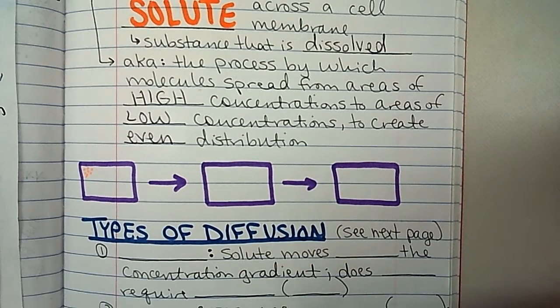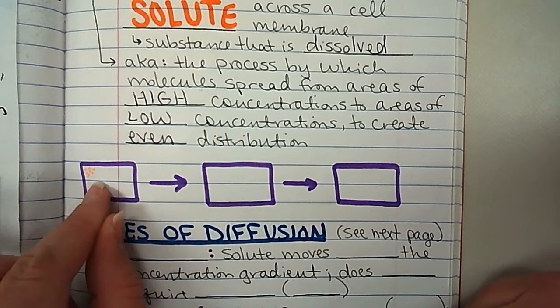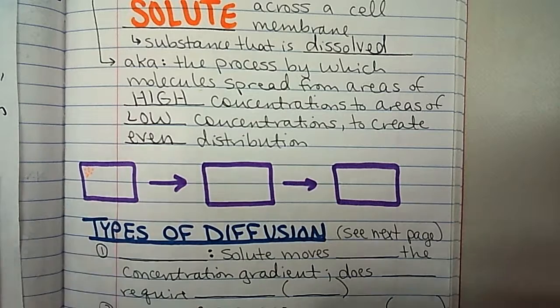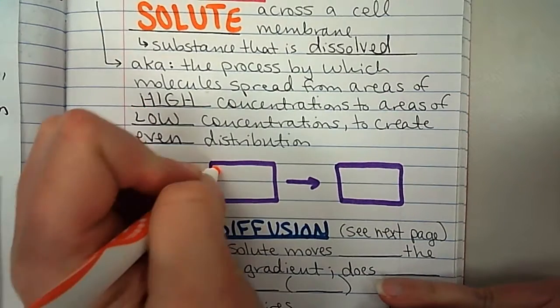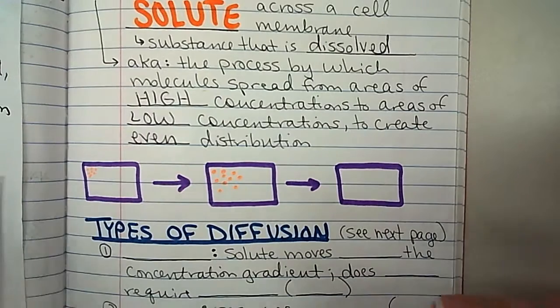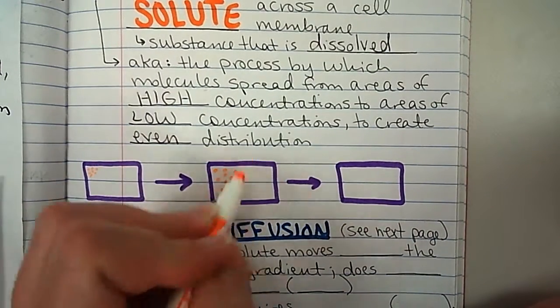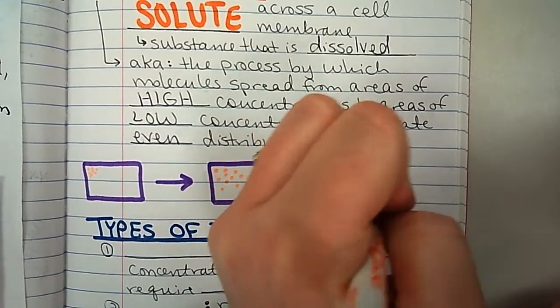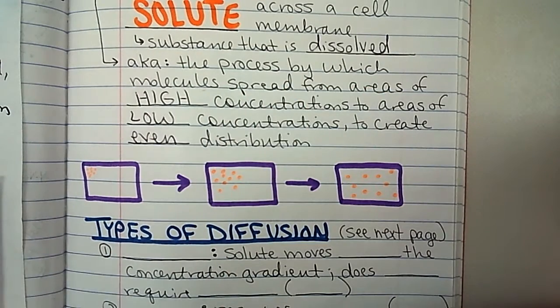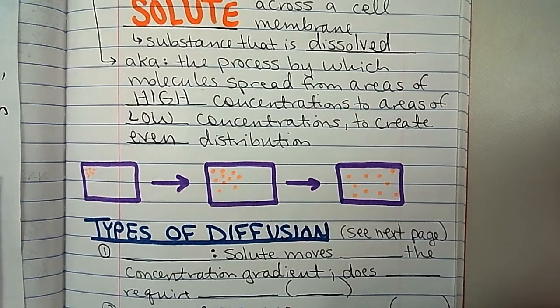As soon as it comes out of the bottle, the concentration of that perfume is extremely strong right here in this spot. But it doesn't just stay right there. Eventually, somebody across the room, if there's enough sprayed, will be able to smell it. The reason is that those molecules don't like to be really crowded, so they bounce until they can fill up a space. So that is diffusion. This is diffusion through the air.